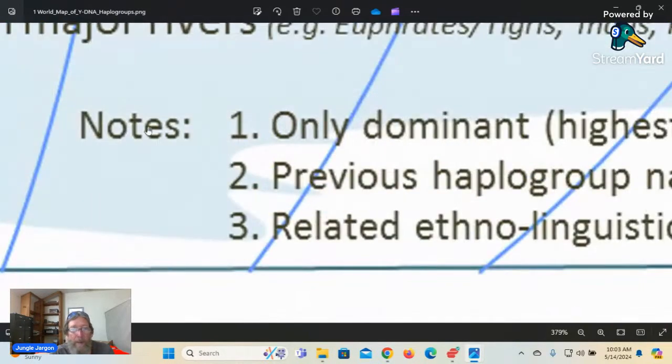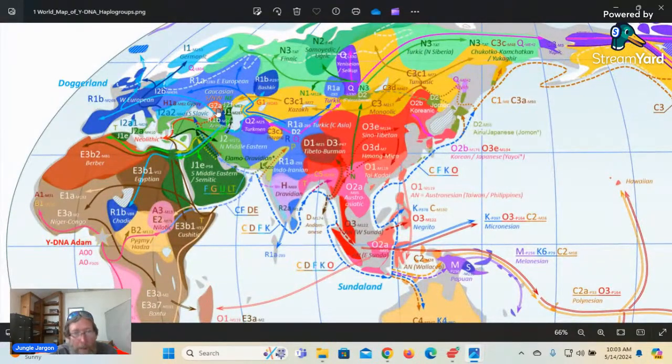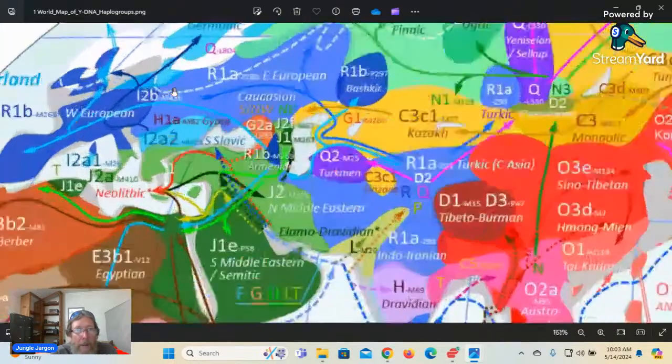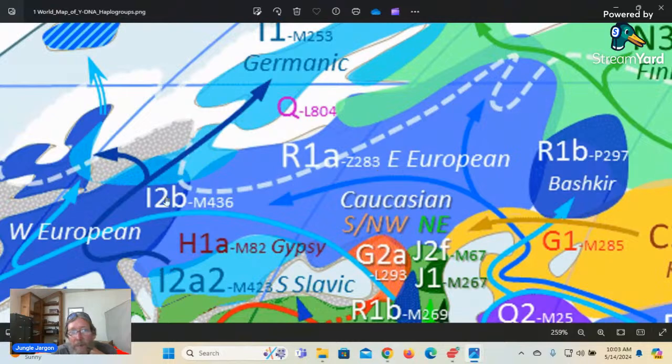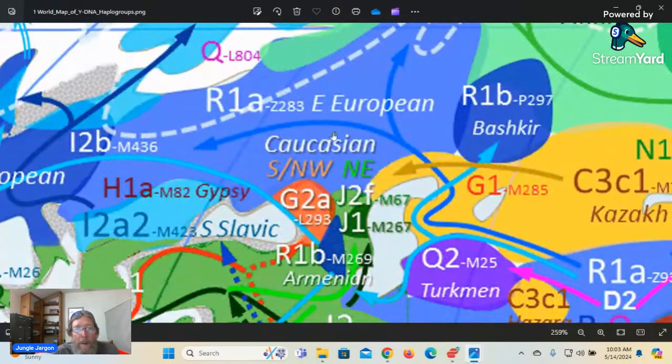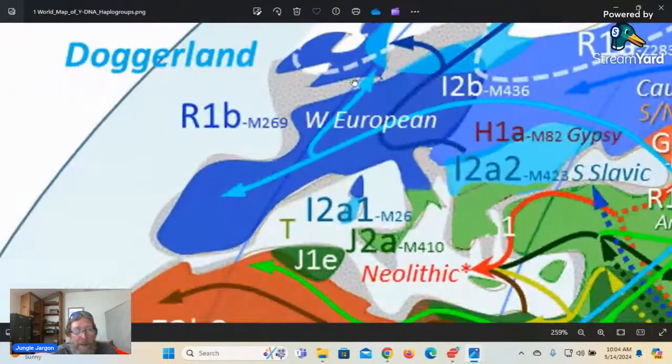Because when we go over here into Europe, we have a history of the son of Gomer. We know that Gomer went into Europe. We have all kinds of records of Gomer going into Europe. And we know that Ashkenaz was in this area here of Northern Europe with the R1A. And we know that Riphath with the R1B went into Southern Europe.